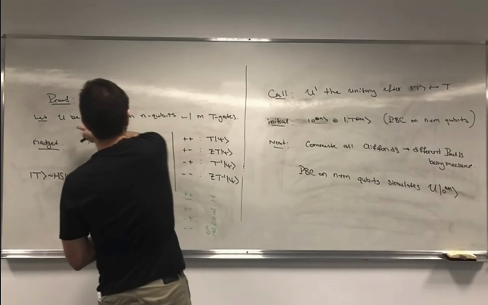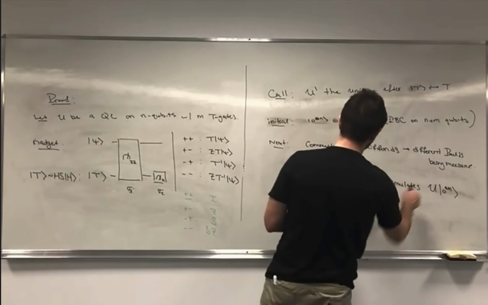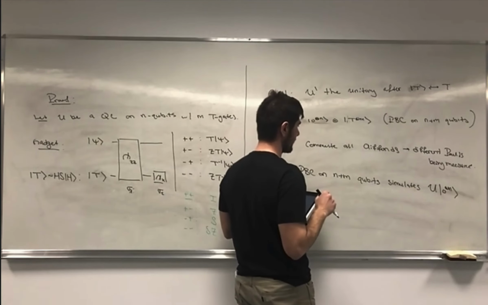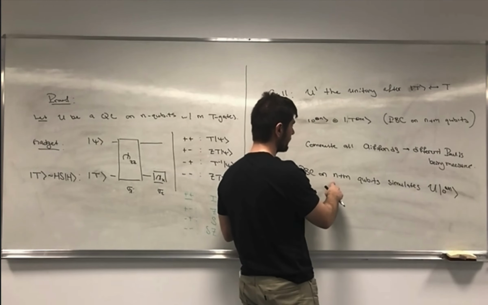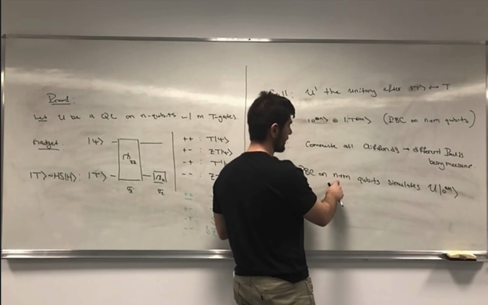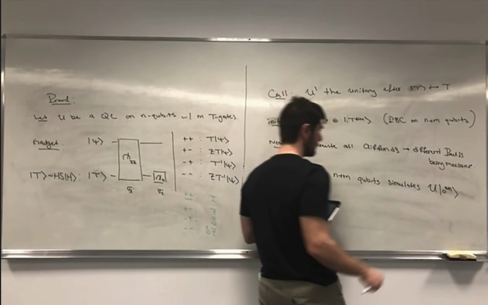Yes, because U is the original unitary that we're applying. So we have the first leg of this. And now we want to show that actually these extra m qubits are unnecessary.